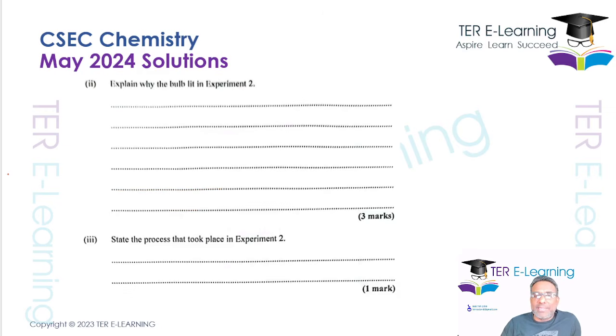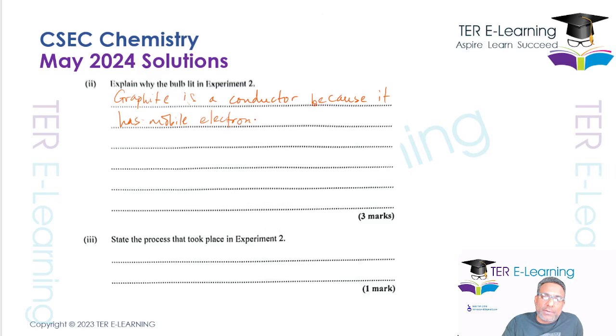We need to say that graphite is a conductor, because it has mobile electrons. They give you plenty of lines here, so you should try to say as much as you can, right? So graphite is a conductor because it has mobile electrons.